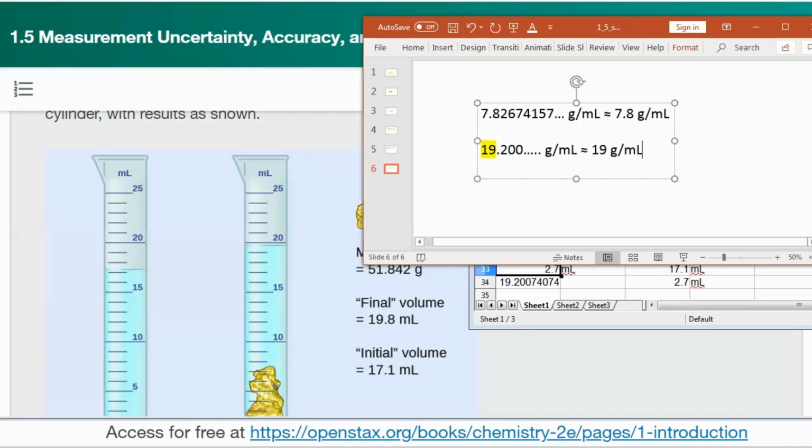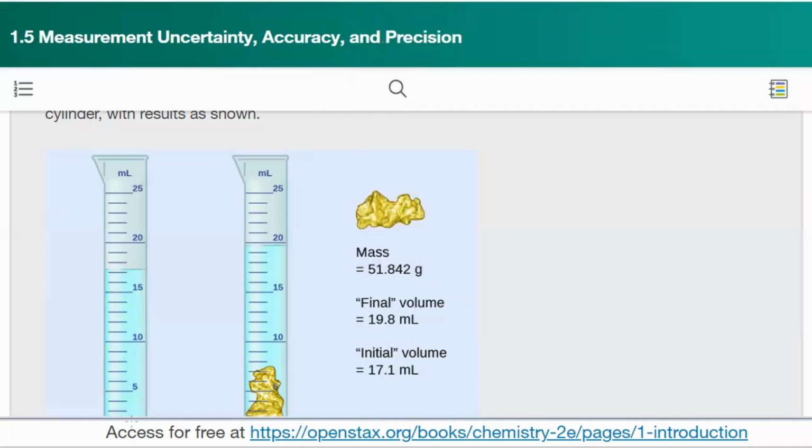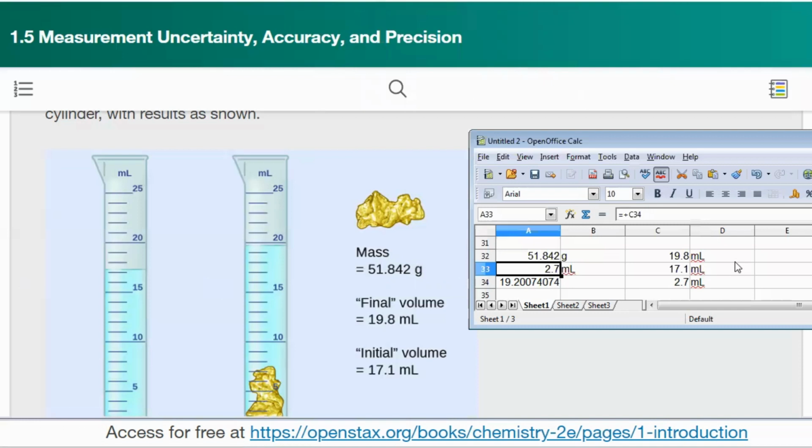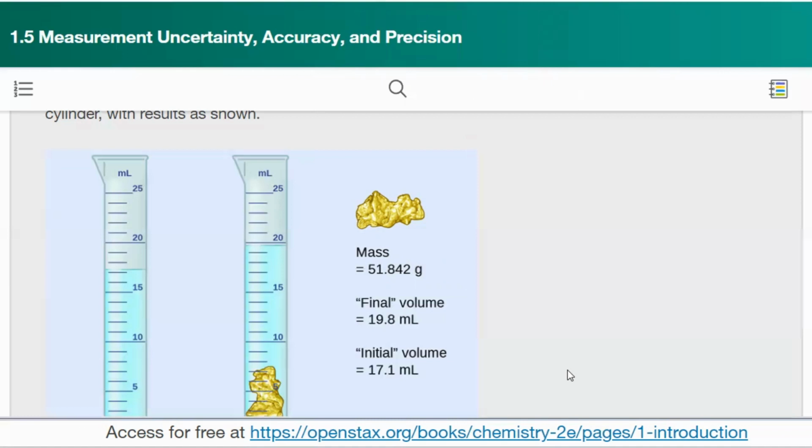Hopefully you'll see that by now. So I get 19 grams per milliliter. Let me just double check that I did everything right. 19.8 minus 17.1 is 2.7, 2.7 milliliters, 51.842 grams. Okay.